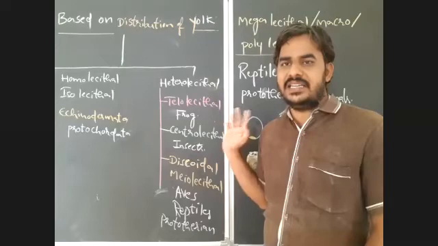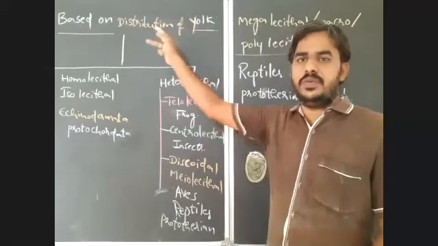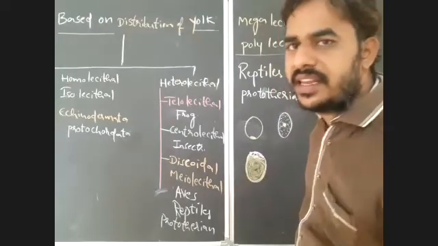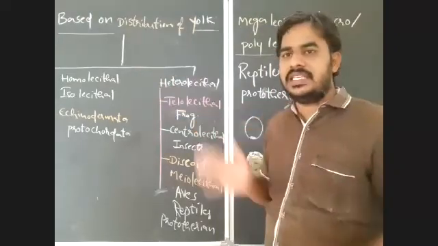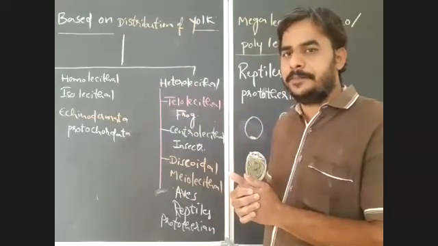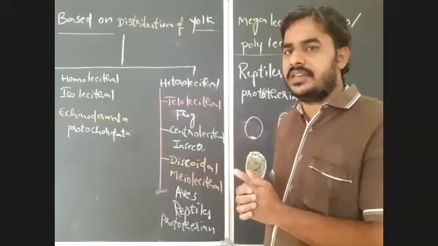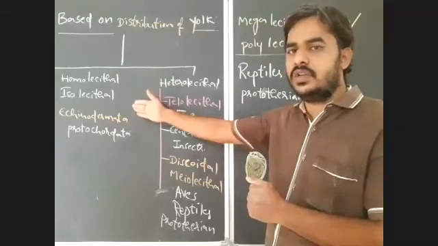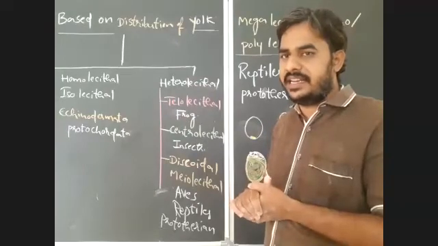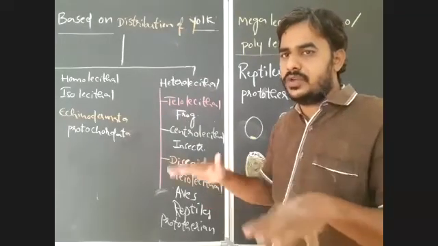It is based on the distribution of yolk in the eggs. Based on the distribution of yolk, eggs are broadly classified into two types. The first type is homolecithal or isolecithal eggs, and the second type is heterolecithal eggs. In homolecithal or isolecithal eggs, the yolk is evenly distributed throughout the egg. There is a uniform distribution of yolk.